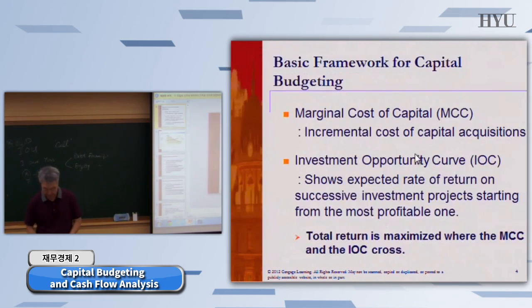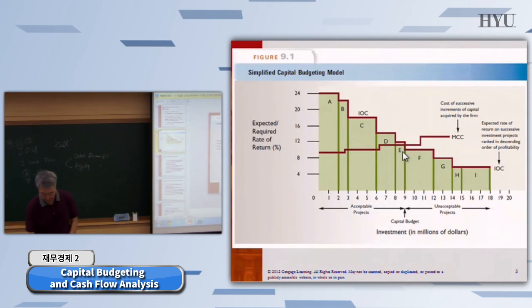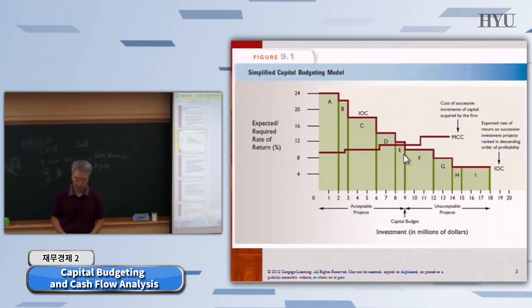Then here it says the total return is maximized where the MCC and the IOC cross. So on this graph right here, when the IOC and MCC cross each other, right here, that's the point where the total return is maximized.